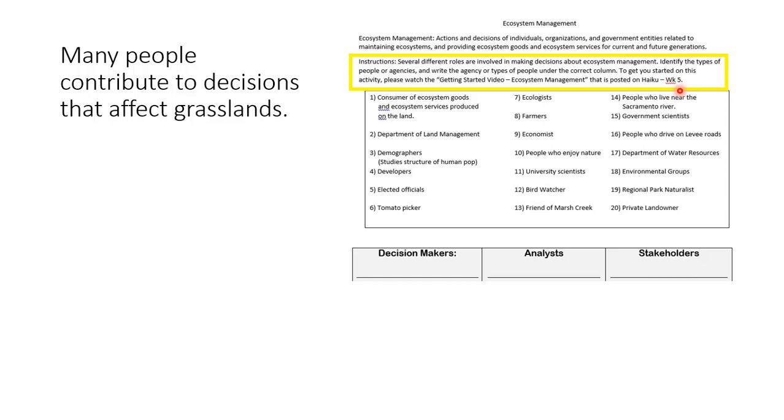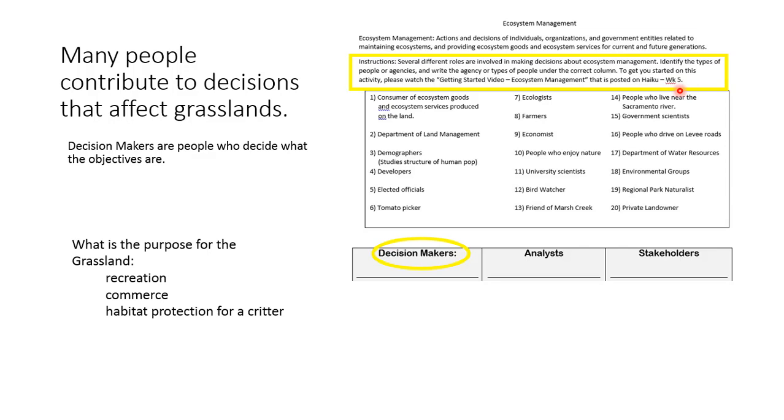Yay, that's this. All right. So you're going to need to write some things onto your paper. We're looking at the decision makers. Decision makers are people who decide what the objectives are. They are the ones who decide what is the purpose of the grasslands that we're looking at.